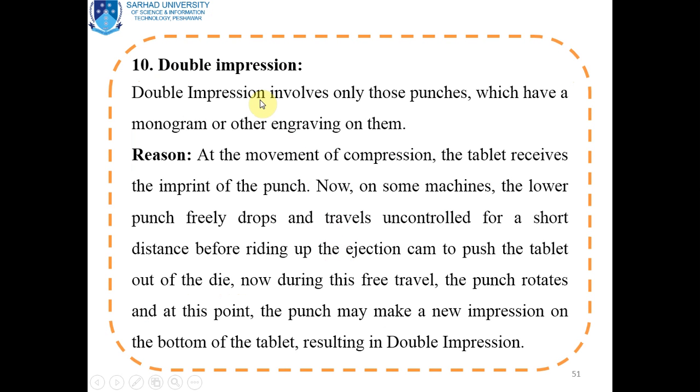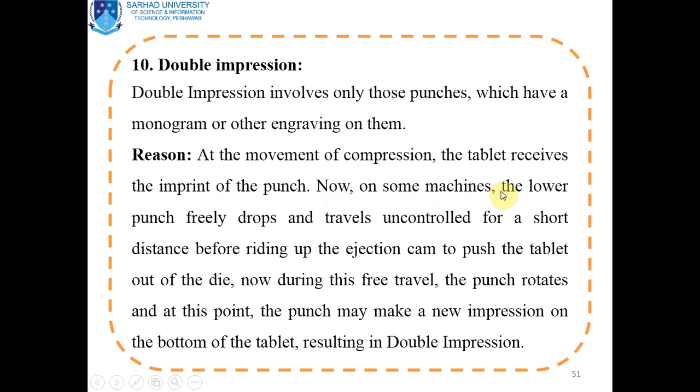Double impression. Double impression involves only those punches which have a monogram or other engraving on them. You can see the different tablets having certain monograms of the companies or of the product as well. In this case, double impression is involved only with the punches having the monogram engraving. The reason is that at the moment of compression the tablet receives the imprint of the punch.